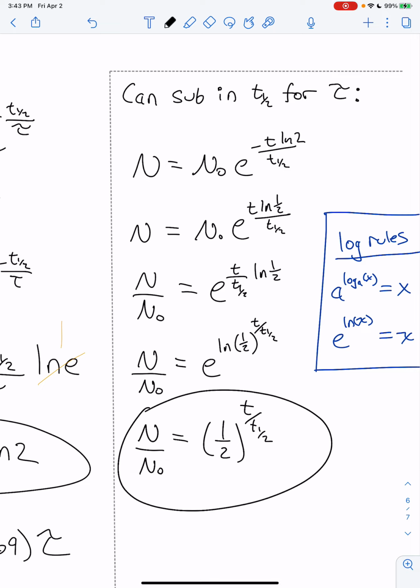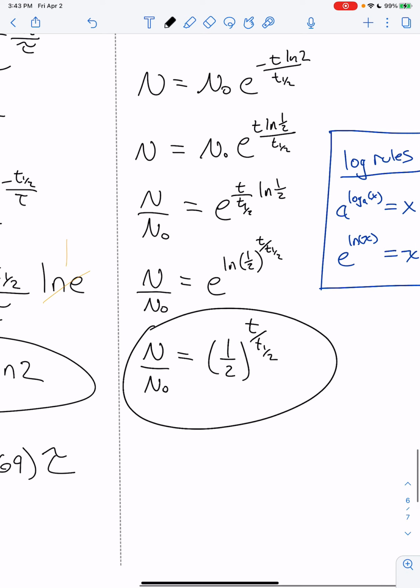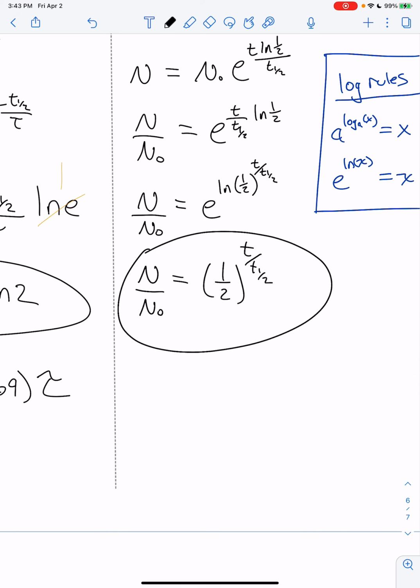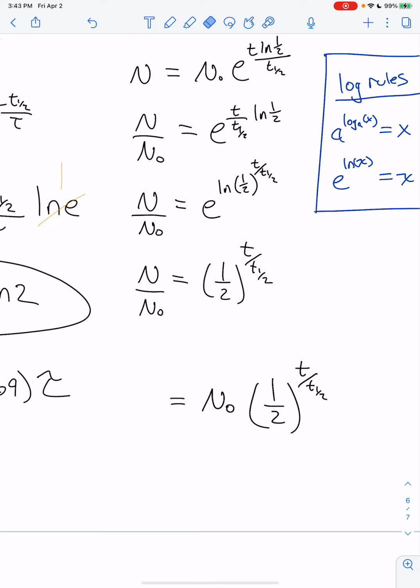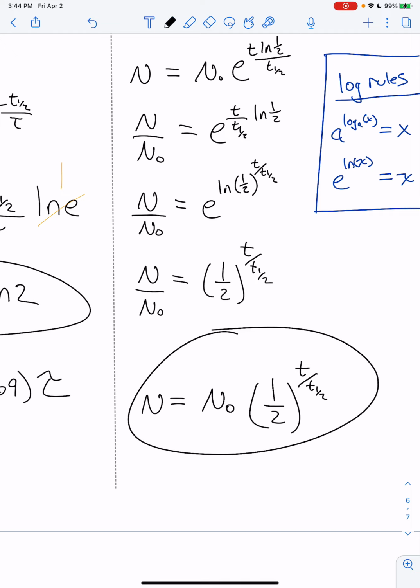This is another useful equation where we are able to relate our N value. We could rewrite it in the same form as before. N is equal to N naught times 1/2 to the t over the half-life. So now we have a version of this equation that is in terms of the half-life instead of tau.